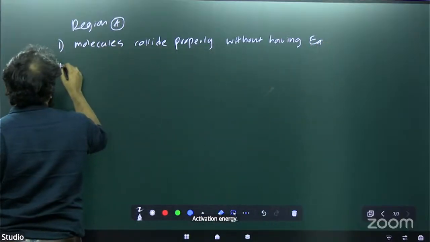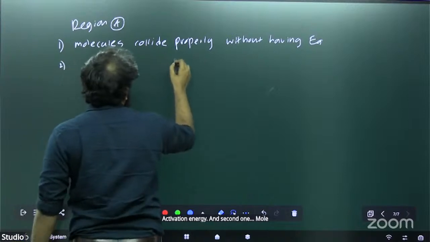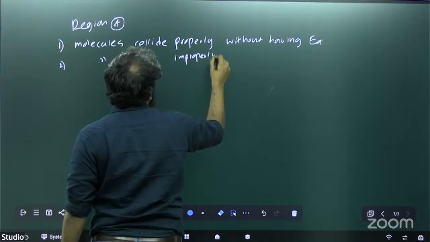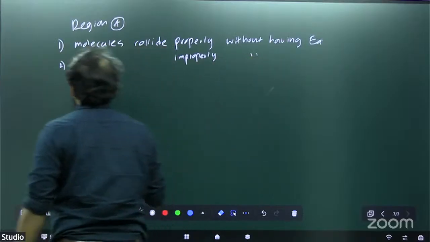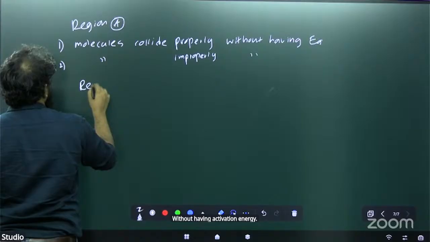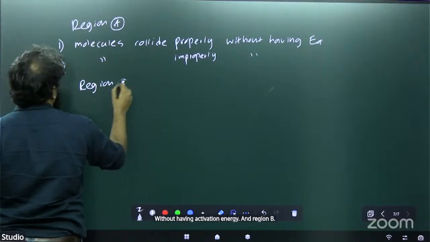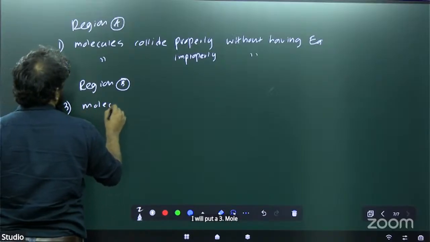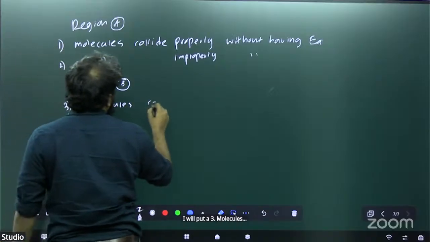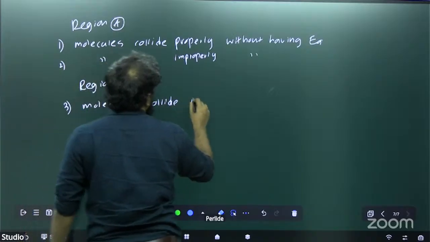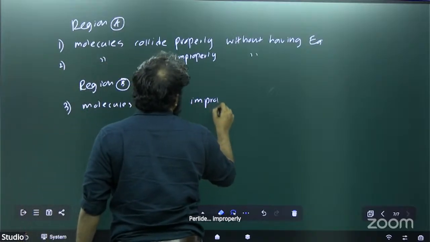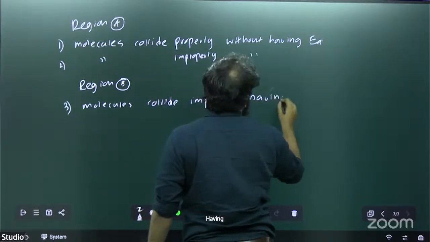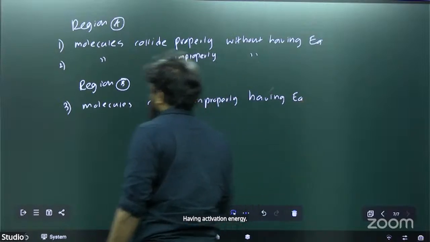And second one: molecules collide improperly without having activation energy. And region B, I will put a 3: molecules collide improperly having activation energy. All the molecules in region B have activation energy. Right?